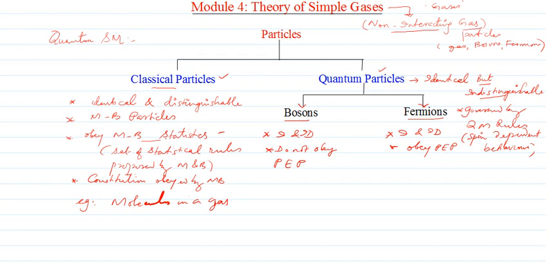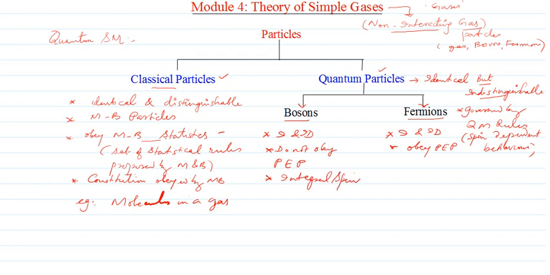So that all depends on whether it is a fermion or a boson. In other words, it was identified that the bosons are characterized, in terms of the spin, by integral spin.